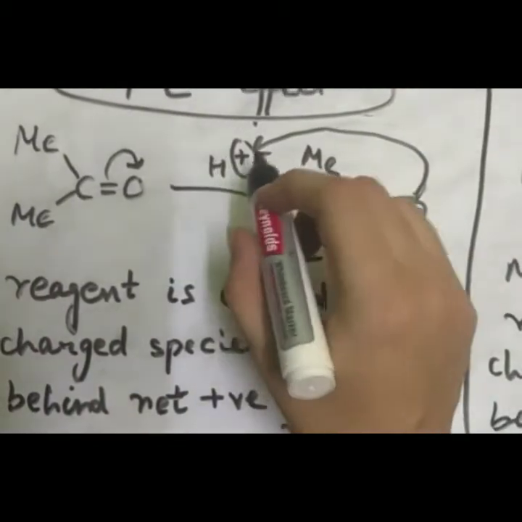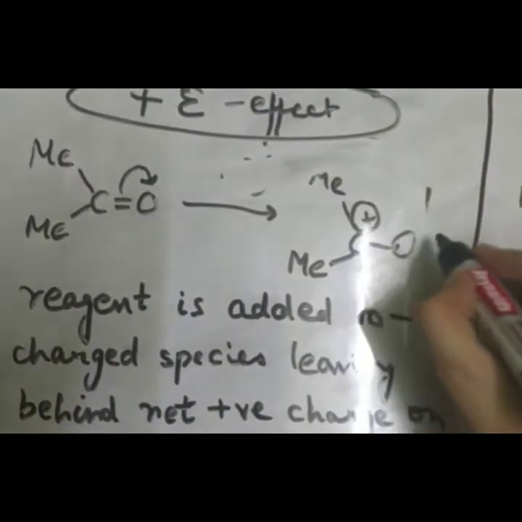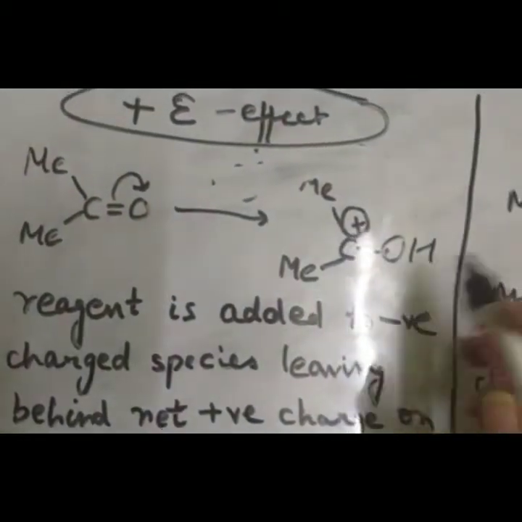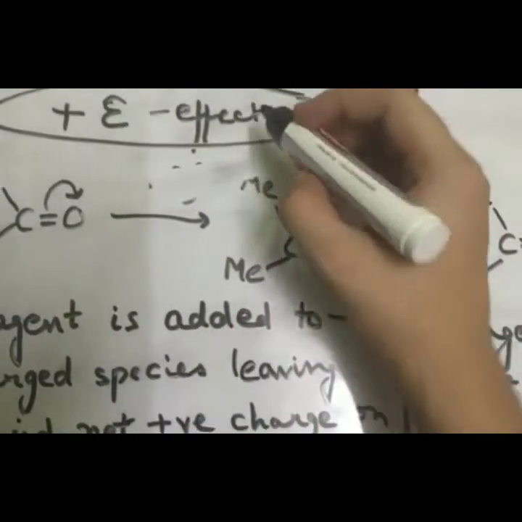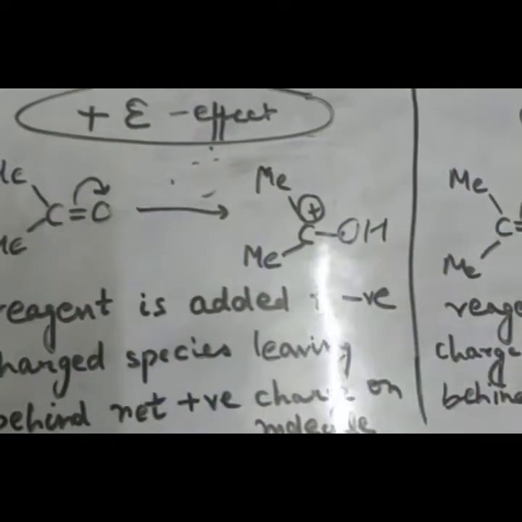Here, since oxygen is negative, it is nucleophilic in nature, so it attacks this H plus, which is electrophilic. So this becomes OH, and the net charge on this molecule, this is Me, is a positive charge.